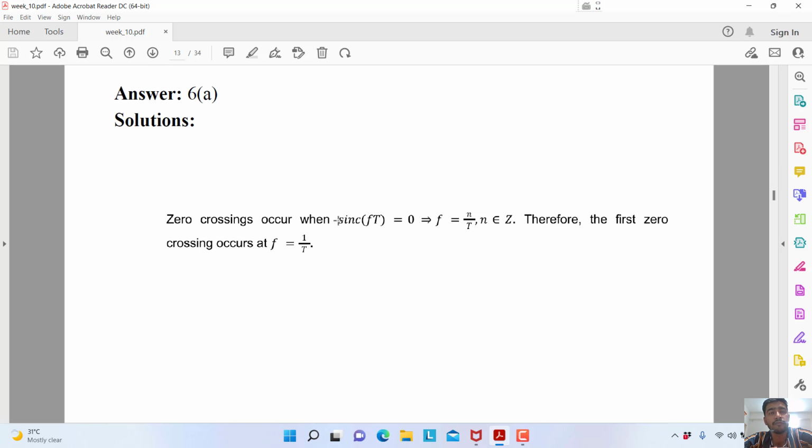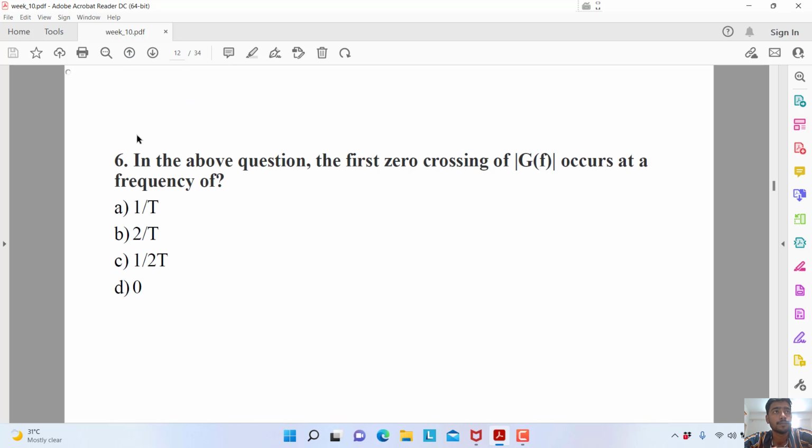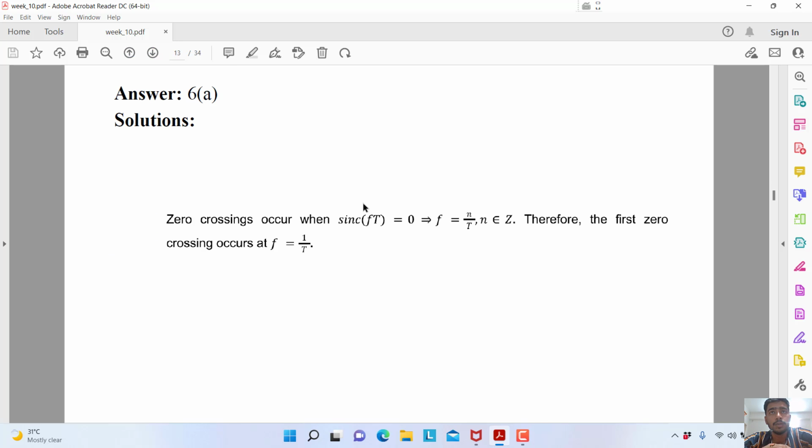Consider this sinc function: for fT equal to n, f should be equal to n upon T, where n belongs to Z. Therefore the first zero occurs at f equal to 1 by T. So it will be option A, because when you plot the sinc function, you will be able to get it.